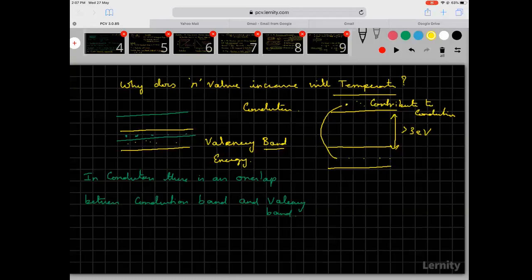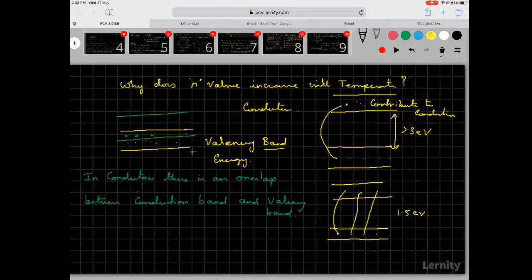Do you understand? Now in semiconductors, the gap is smaller. The gap is less than 3 electron volt, of the order of 1.5 electron volt. In silicon, it is approximately this much. So when you heat it up, more of them will go, and the conduction will increase, right?